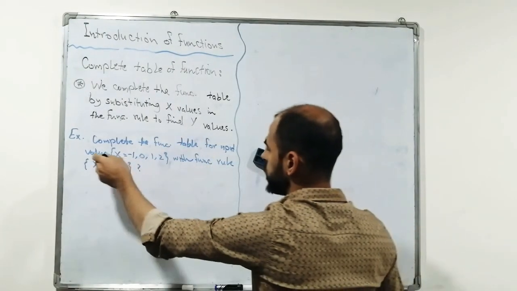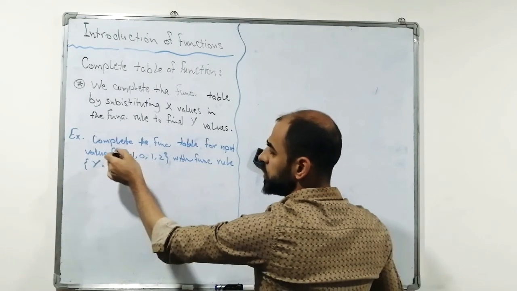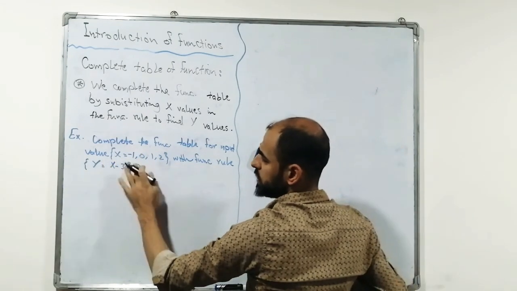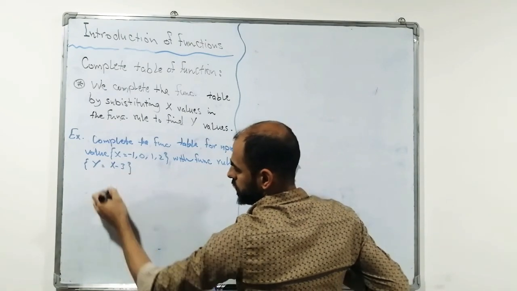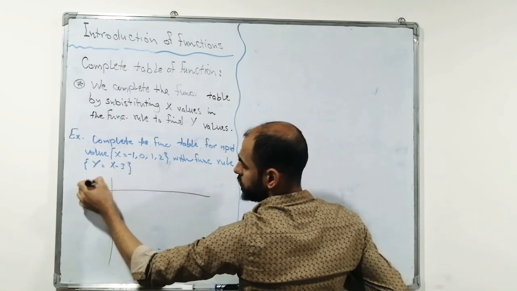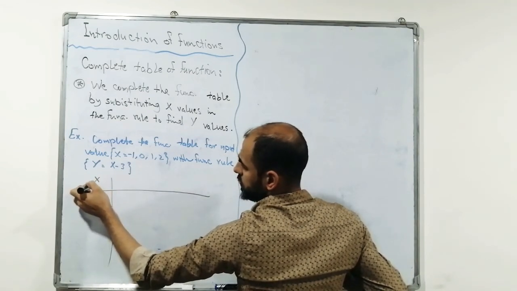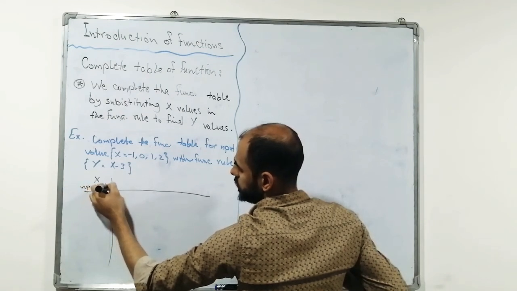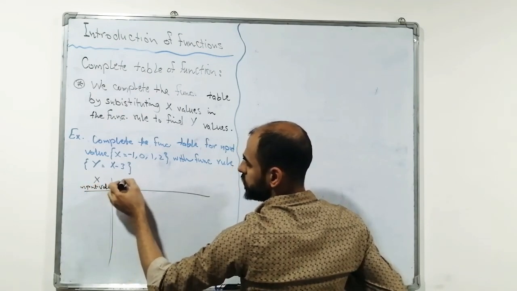Complete the function table for the input values. We have the input values -1, 0, 1, 2 with a function rule y = x - 3. To complete the function table, we have x, the input values, and the function rule.